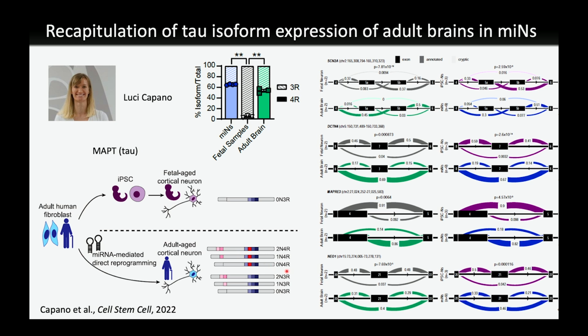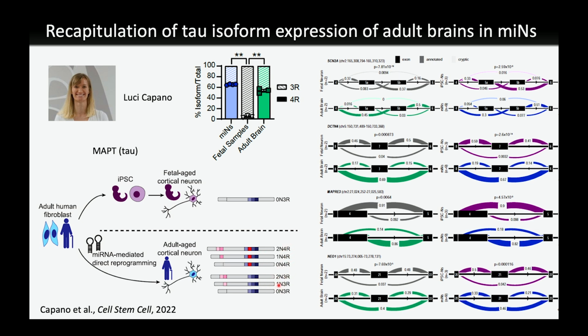What we know is that tau undergoes alternative splicing. In general, tau can express 6 different isoforms, and these are largely divided into 2 groups. One is called 3R and the other is called 4R.